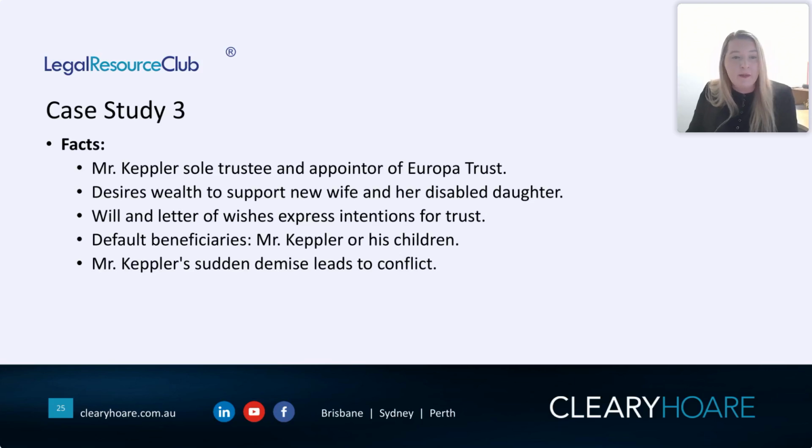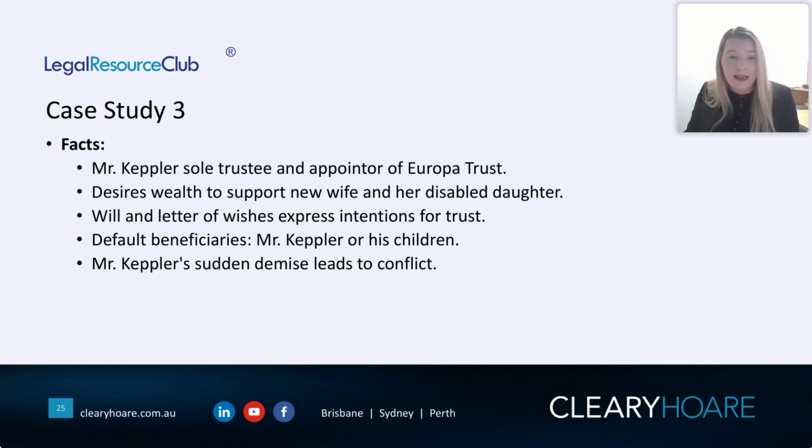So within his will and his letter of wishes, he sets out these intentions for the trust to benefit the wife and the daughter. But within the trust deed, it says that upon the trustee or the appointor's death, the new trustee and appointor will become their legal personal representative.